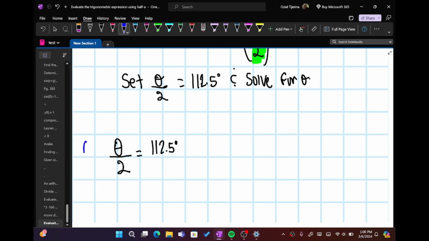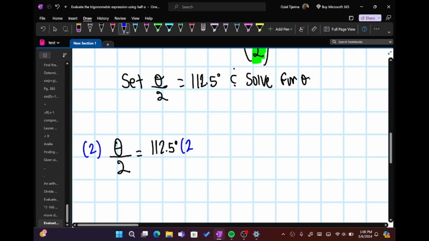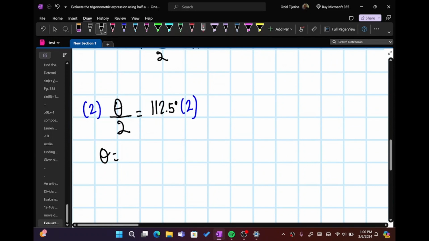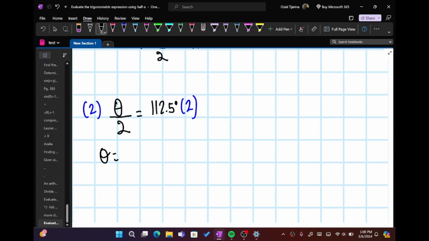To solve for theta, we multiply by 2 on both sides, giving us theta is equal to 225 degrees.